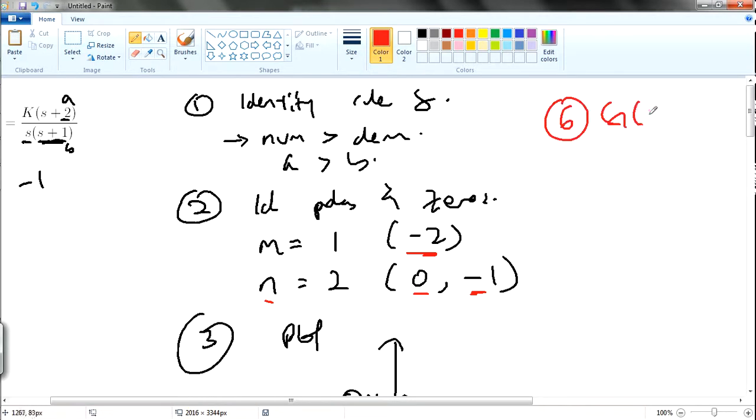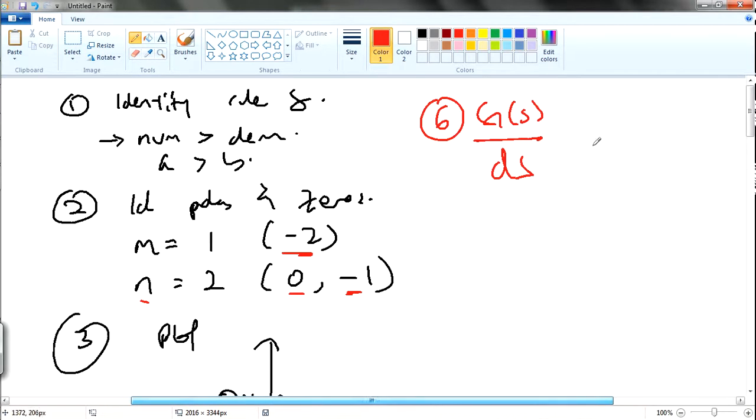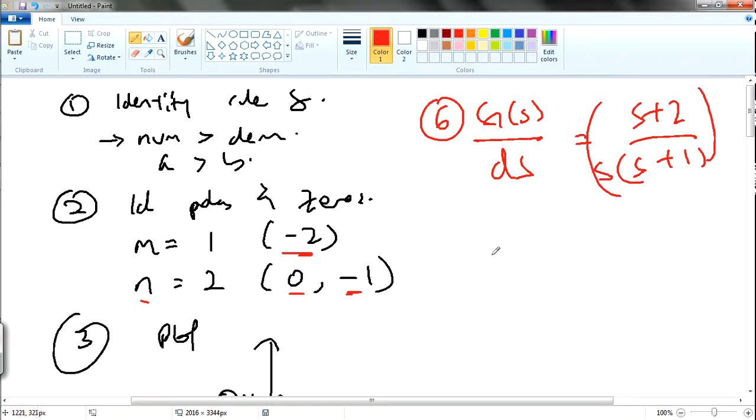So it is g of s over d of s, excluding the k, so you'll have s over s plus 2, s plus 1, and then you have to differentiate it. So you'll get something like 2s plus 1, s plus 2, using the quotient rule, and then minus away the rest.